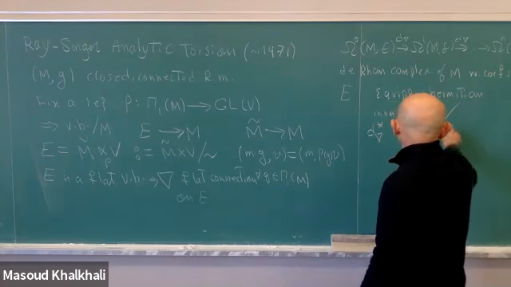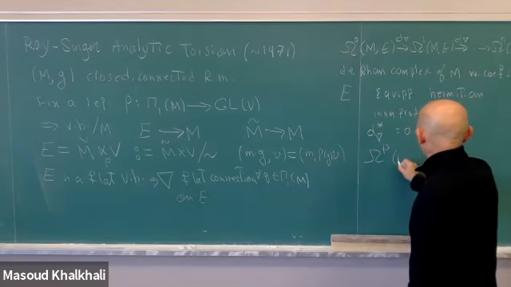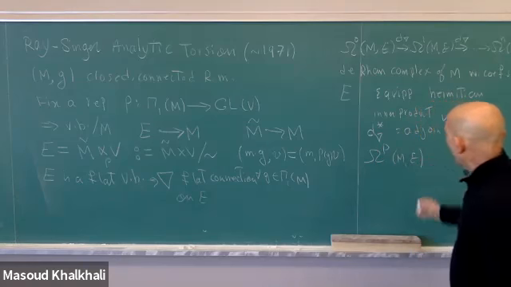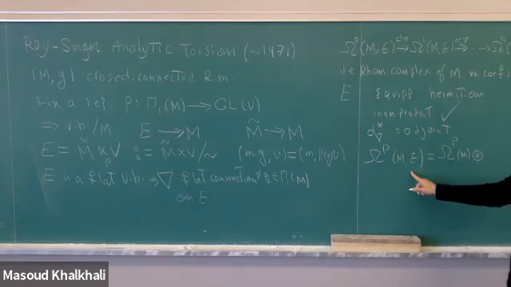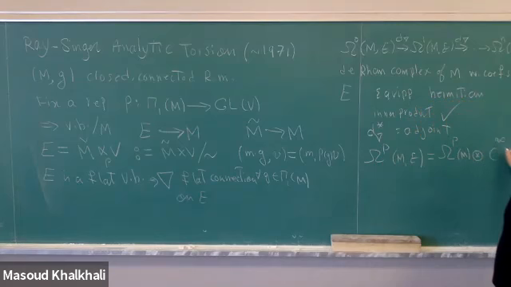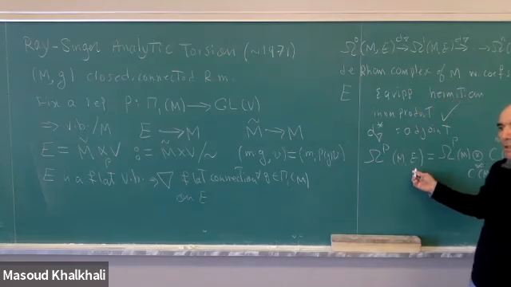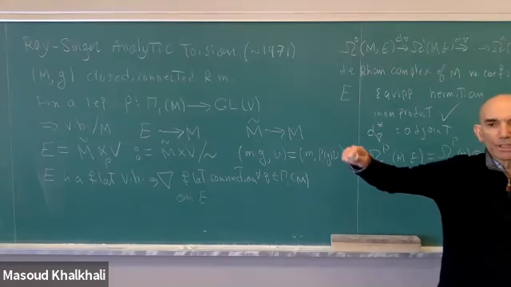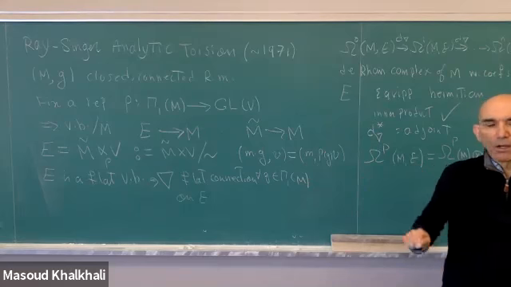By the way, this guy, like omega p of M and E, of course, you can say this is just omega p of M tensor smooth sections of E. But this tensor should be over C infinity of M. So this is the space of smooth p-forms on M with coefficients in E. If you write in some local coordinates the usual expression for forms, those coefficients now are sections of the bundle.